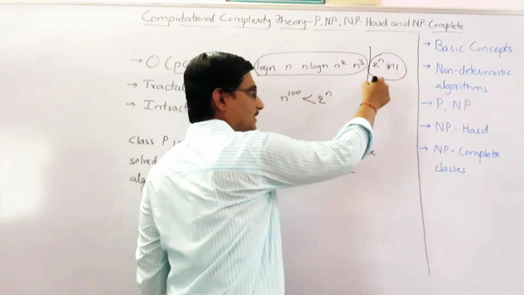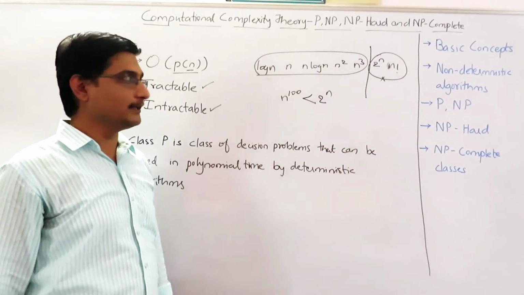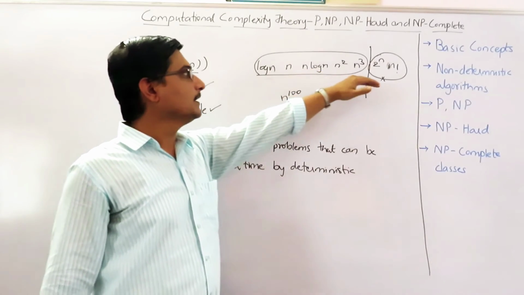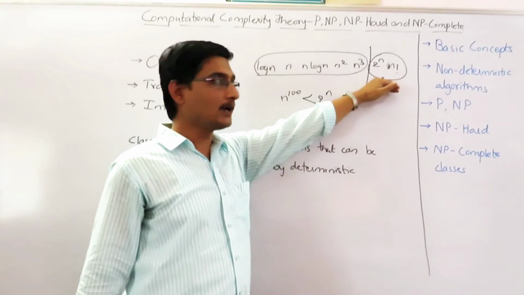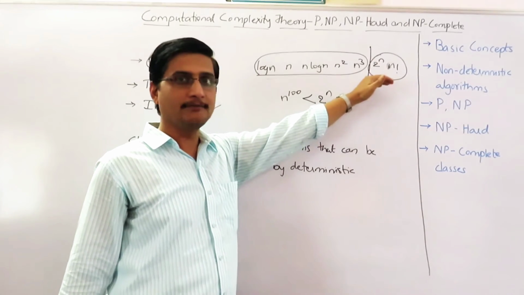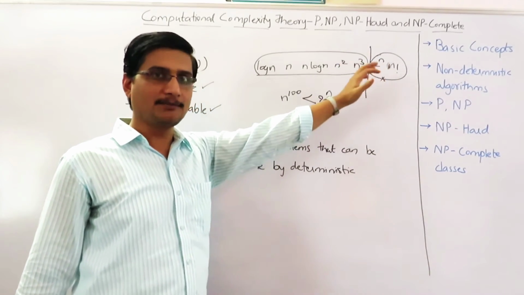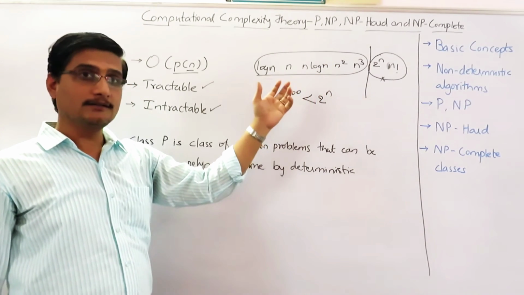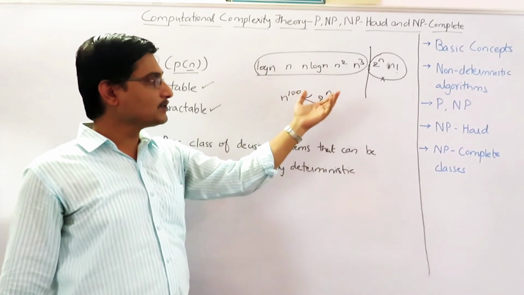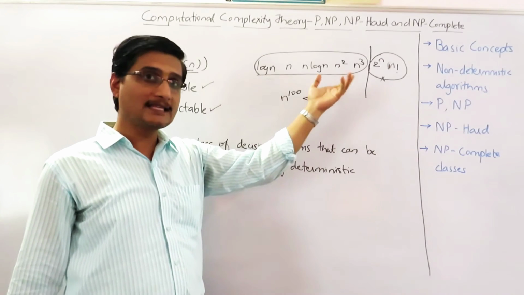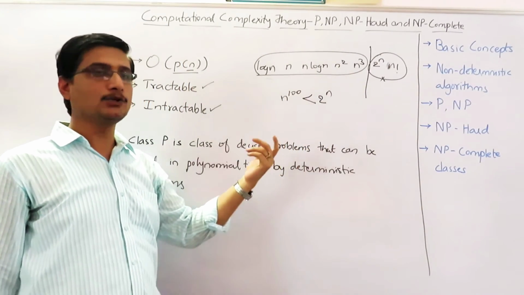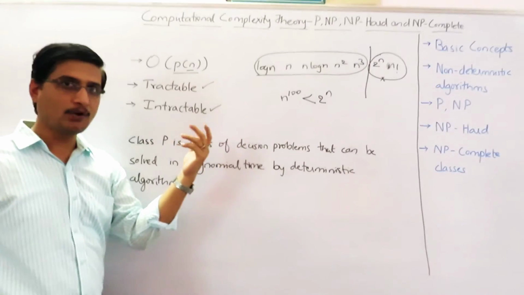We can draw this line of tractability. We call these algorithms polynomial algorithms, and the exponential algorithms which will take this amount of time as intractable problems. And the decision problems which are exponential, the definition of those algorithms can be converted to polynomial time.